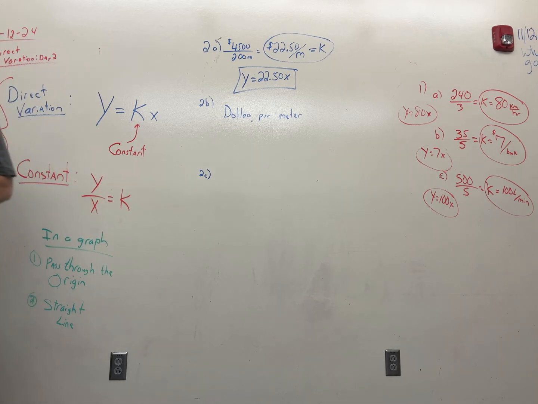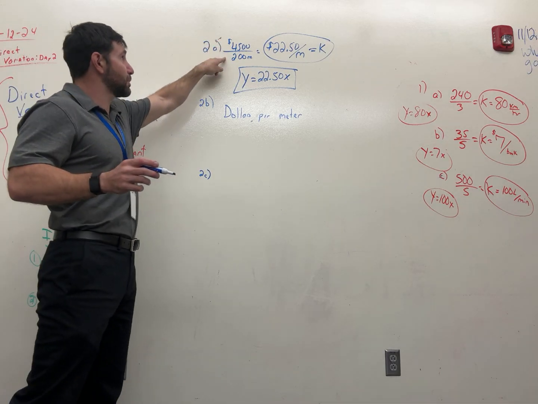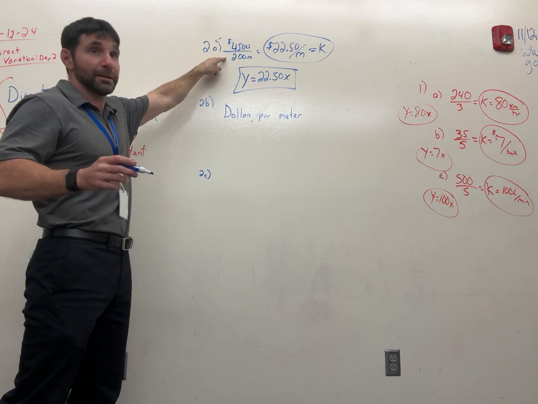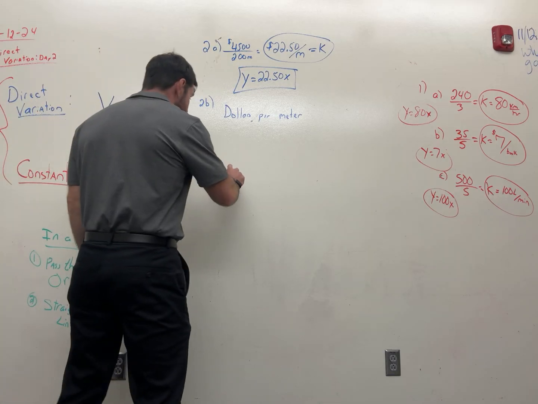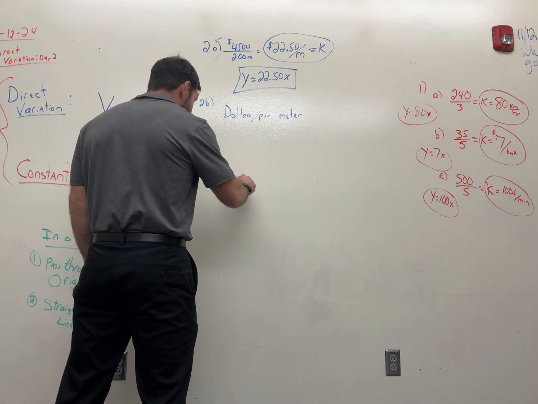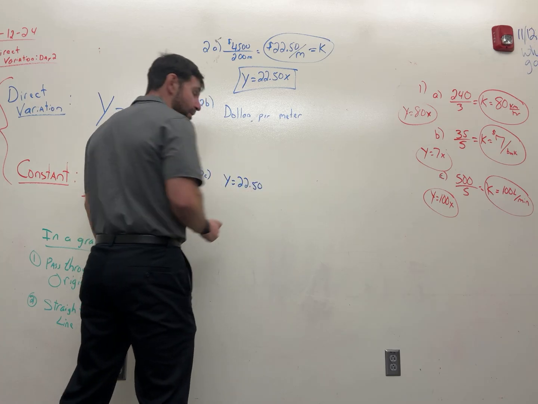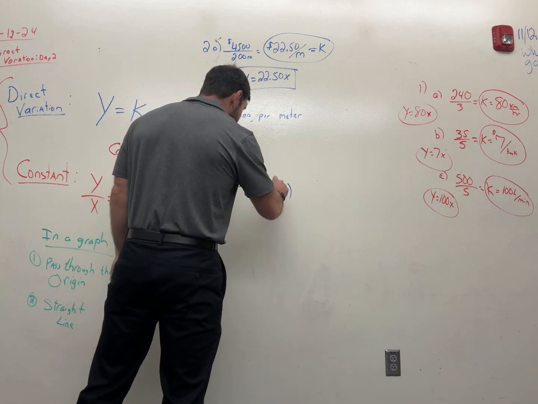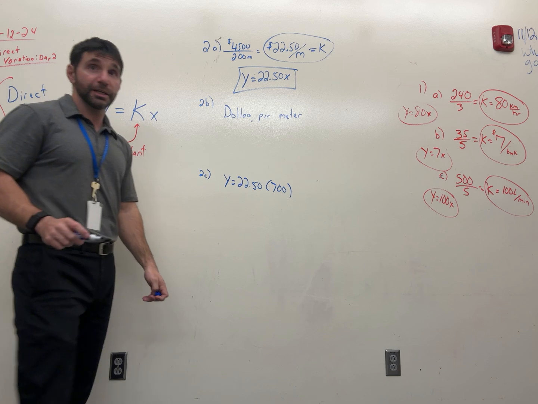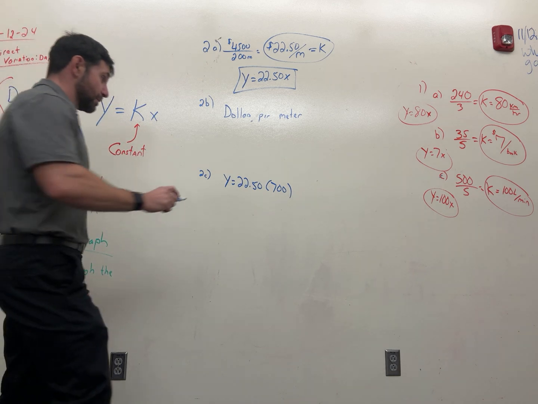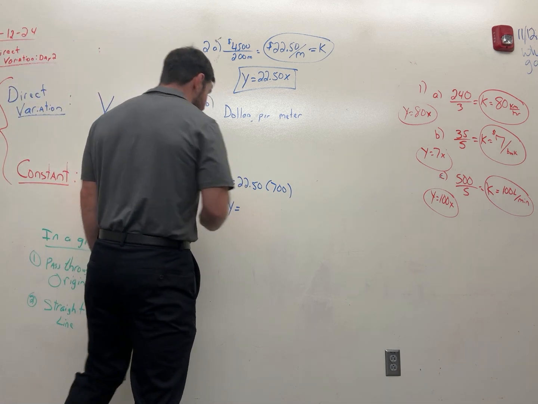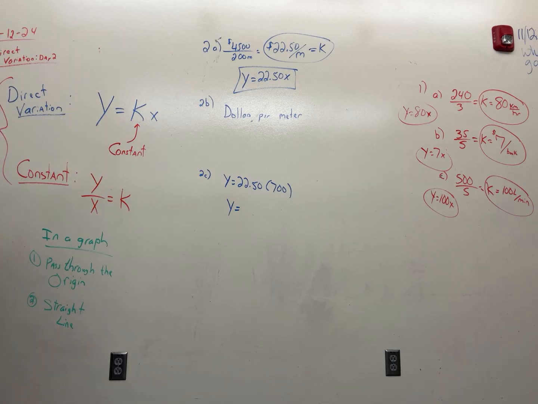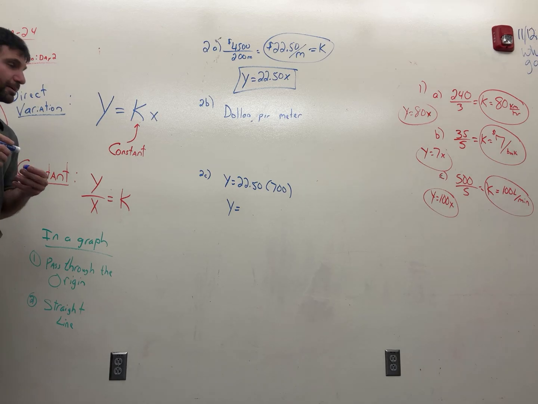But then it says in letter C, what would 700 meters cost? Well, dollars divided by meters, y divided by x. My x is meters, so I can say y equals 22.50 times the meters. So get your calculators, help me out here. Do 22.50 times 700. And I think it gives us like 14,500. I've got to keep my street cred up somehow.